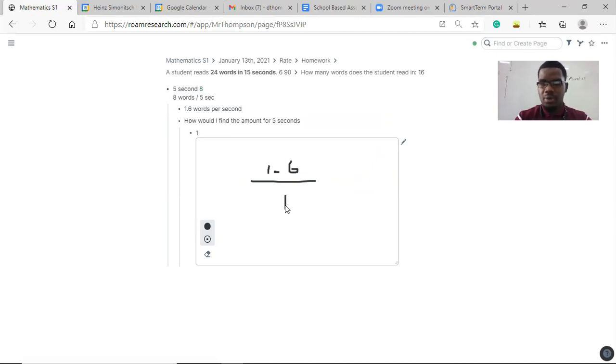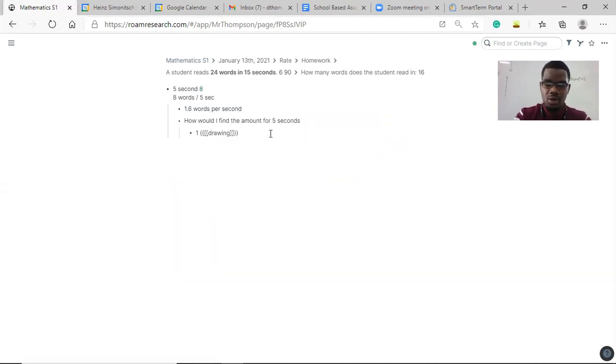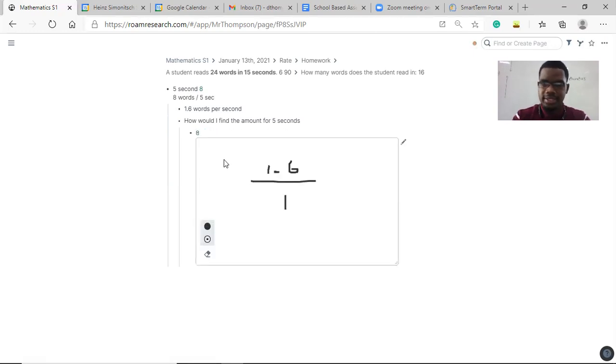I'm going to multiply 1 by 5, but the rule is to also multiply the numerator by 5. That tells me the rate of how many words are spoken in 5 seconds. So it would be 1.6 multiplied by 5. Let's calculate this. Eight. So 8 words were spoken in 5 seconds. And that was the homework.